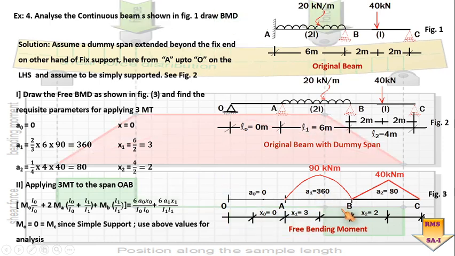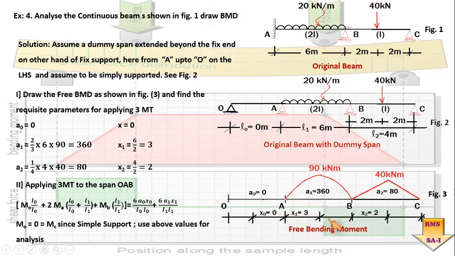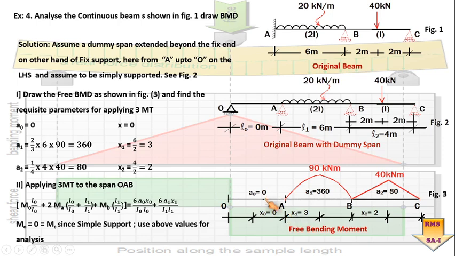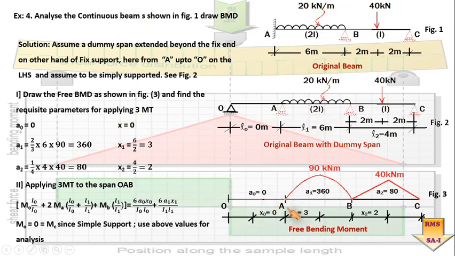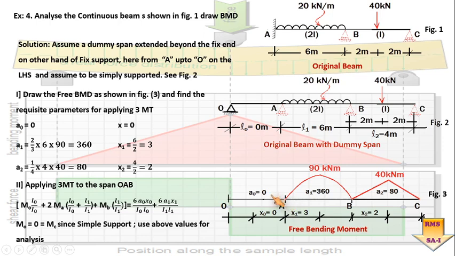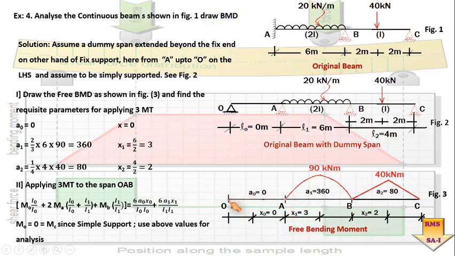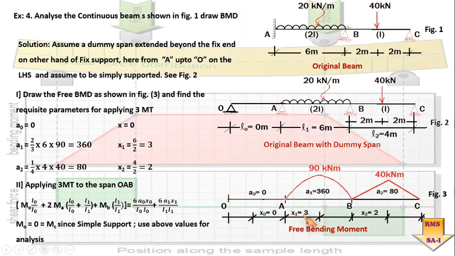Now either we measure this x1 from A end or B end, it is going to be equal to 3. But usually as a practice, we find out the value of x1 and x2 about the center of the span under consideration. So here the span which we are considering is OAB, so about center the value of x1 is equal to 3.